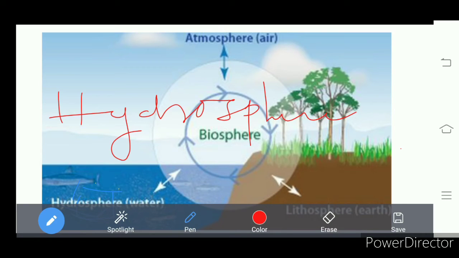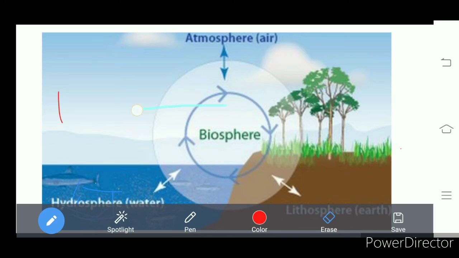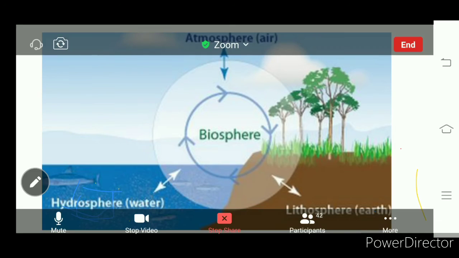We find different water bodies: swamps, lakes, rivers, seas, oceans, and groundwater, which is tapped from the well or tube well. All these are part of the hydrosphere. Understand? This is the second realm of the earth surface.